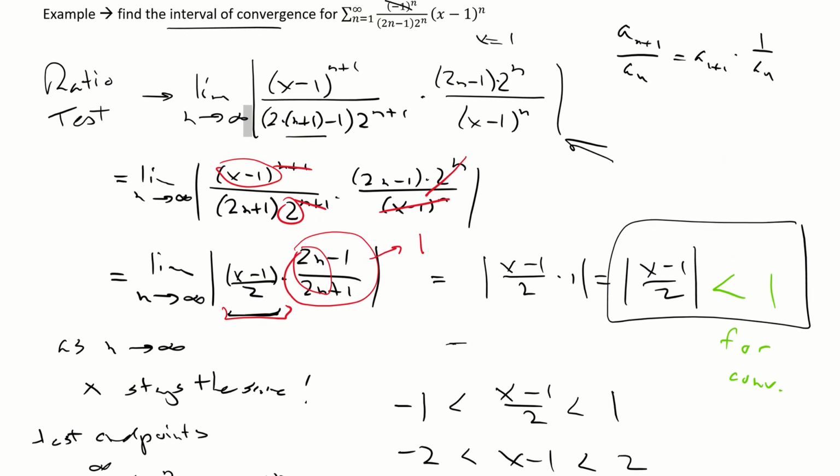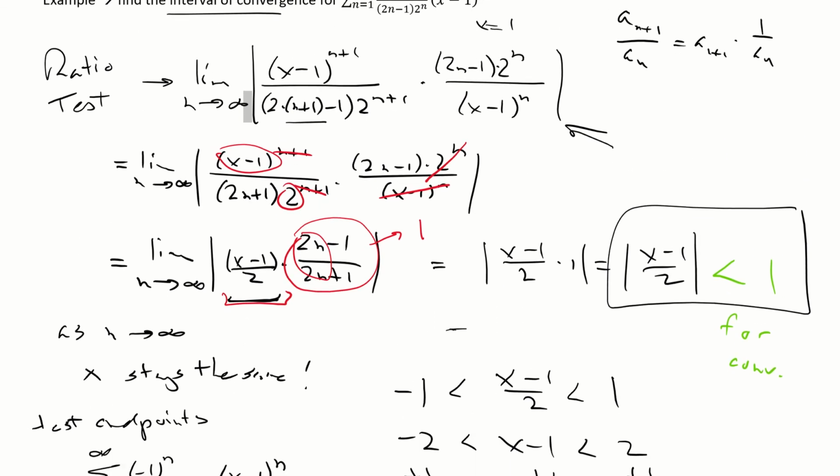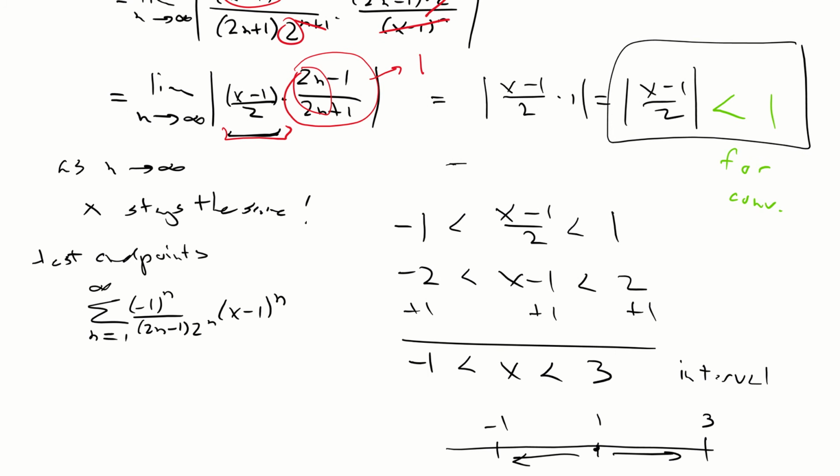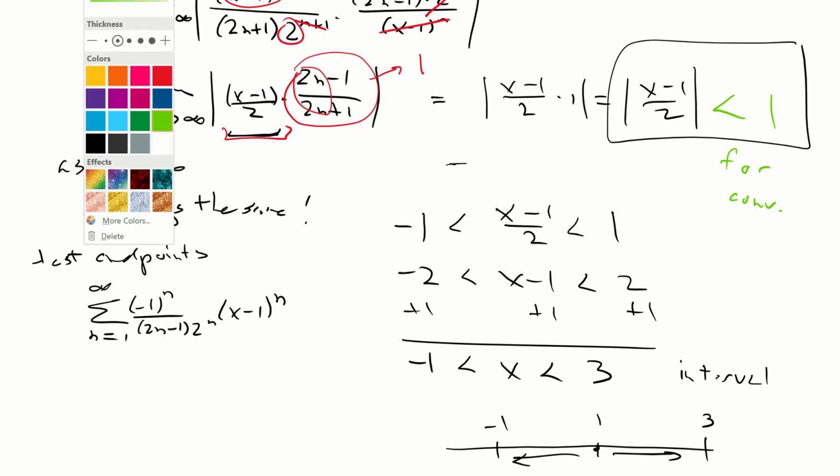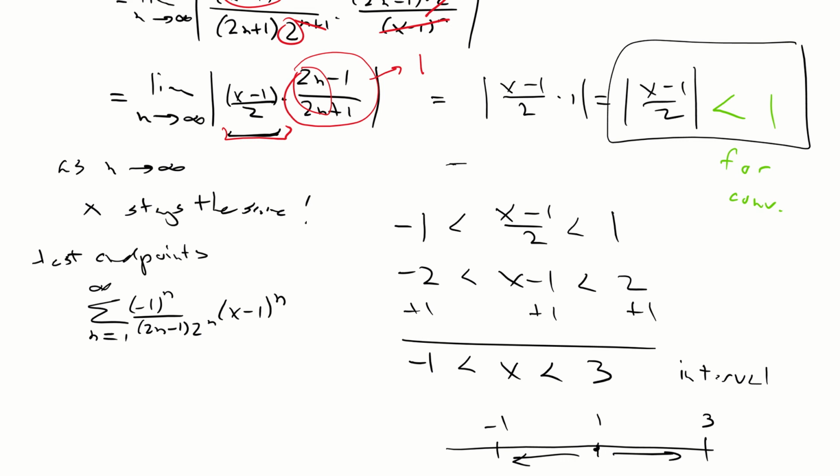I think that's all correct now. You got to get it right. Looking pretty good. Okay, good. But now what we're going to do is going to be weird: we're going to plug in the endpoints to see what happens.